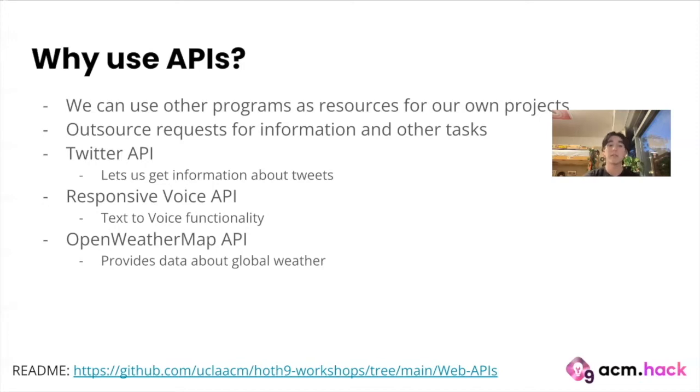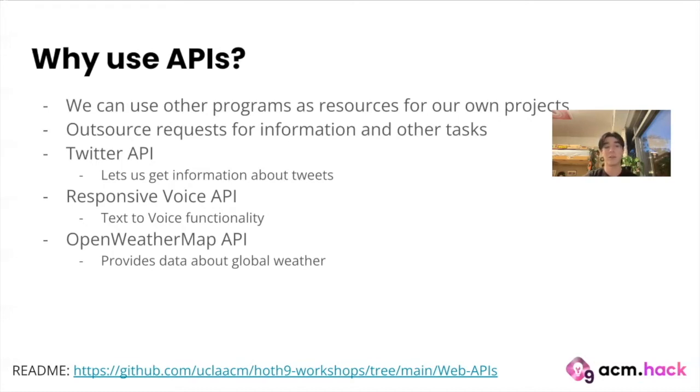Here I've listed a couple of APIs that are pretty useful, to give you an idea of what APIs can be used for. The first is the Twitter API. The Twitter API gives us information about tweets, so that's information based. We have another one, the ResponsiveVoice API. This one provides more functionality rather than information.